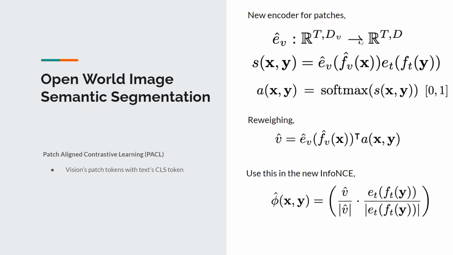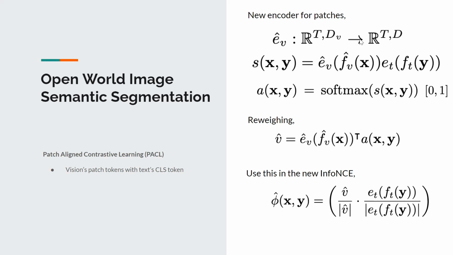So what did we do? We introduced a method called patch align contrastive learning, PACL or something, if you want to call it. Let me explain in layman terms. You take the patches, and then you sum them together and use that in place of the original vision encoder embedding.